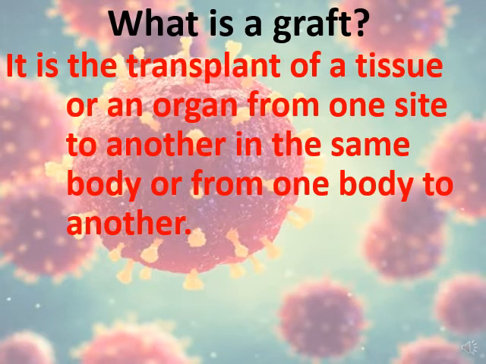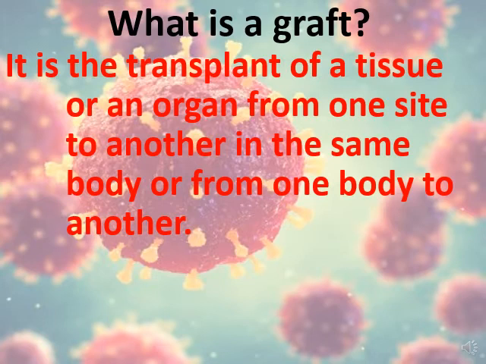For example, some people have problems in their face. They have, for example, burned their face by fire or something. So they have damaged skin cells. They can take skin cells from the thigh, from the leg, and transplant them into their face to recover the skin.